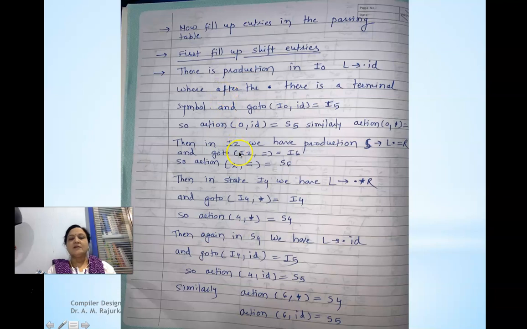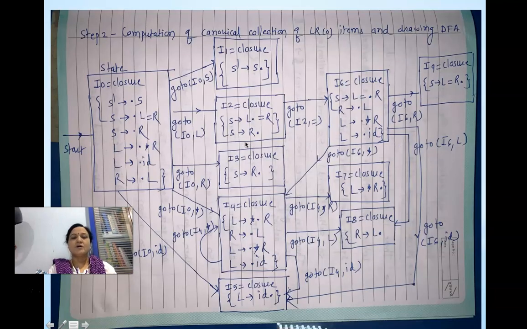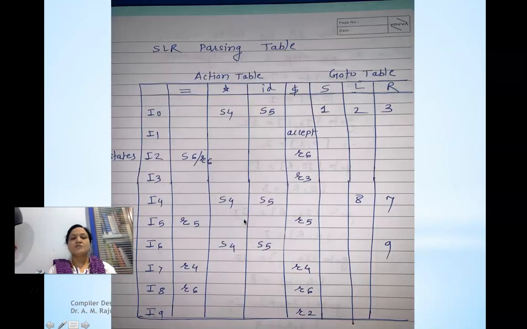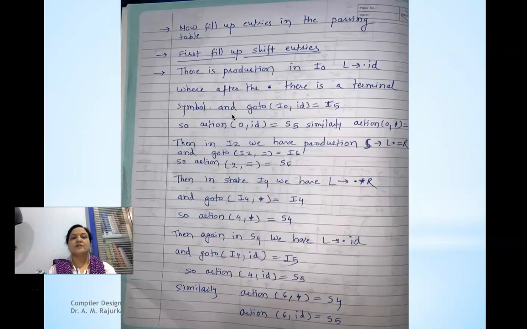Now similarly in I0 we have one more symbol, that is star. So L tends to dot star, where is the transition going? The transition is going to I4. So this action will be 0 comma star equals S4. So these are the two shift entries.